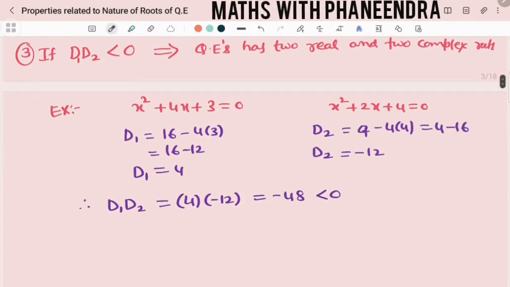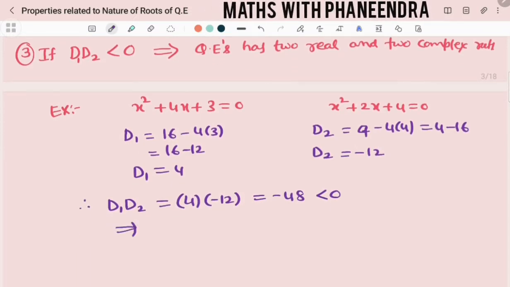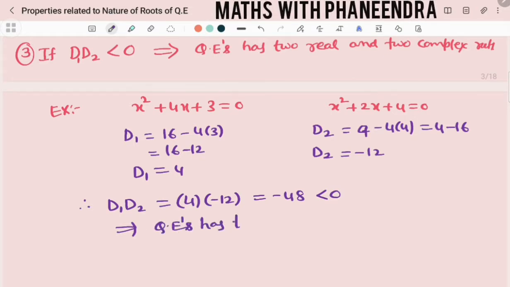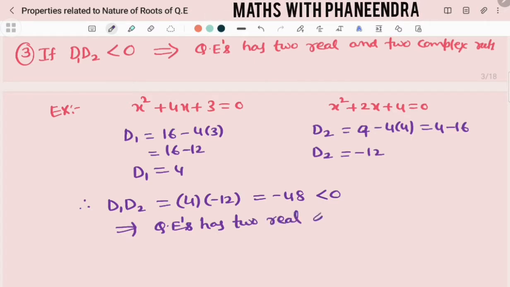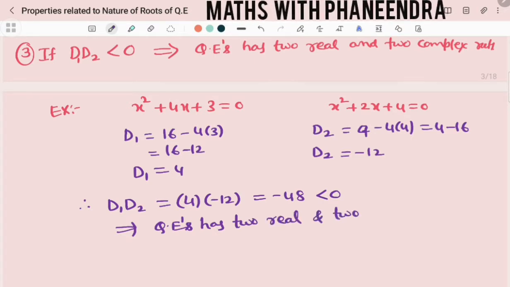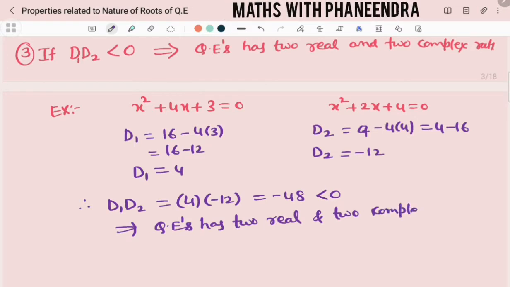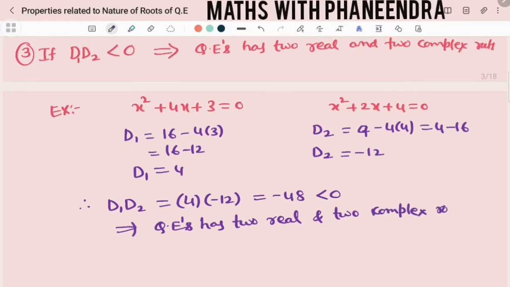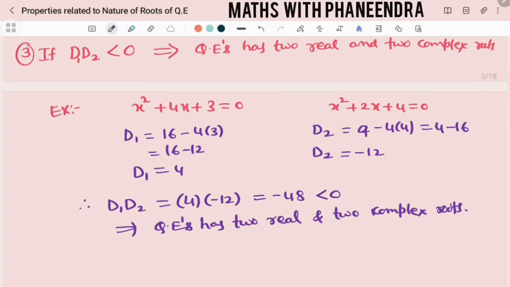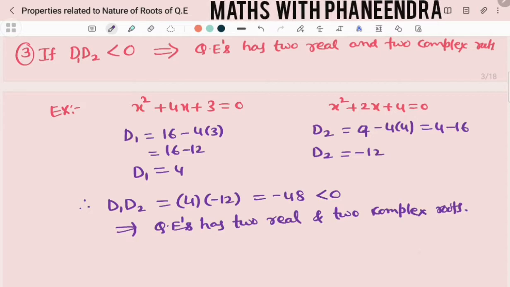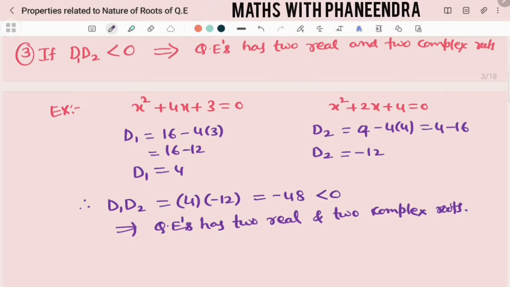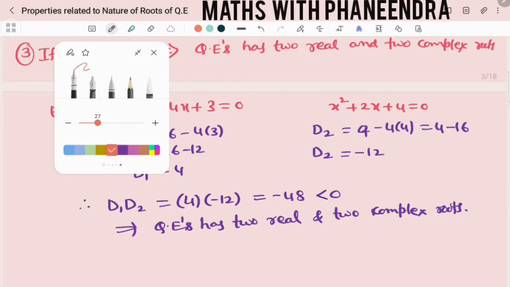So we proved that when d1 d2 is less than 0, the equations have real and complex roots. Now onwards remember this. I hope you understand. We will move on to the next property, the greater than 0 case.